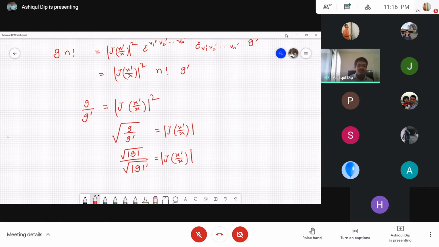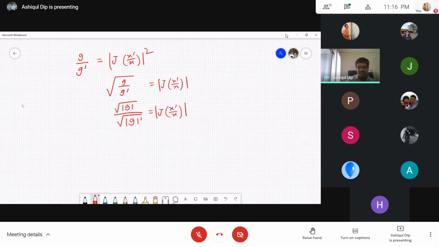So we have proved a beautiful relation, that is the square root of the absolute value of G basically transforms as the Jacobian of x prime by x times the square root of G in the new coordinate, right? Here actually I should put prime over there, and then, yeah, like that. So this is a really important relation.